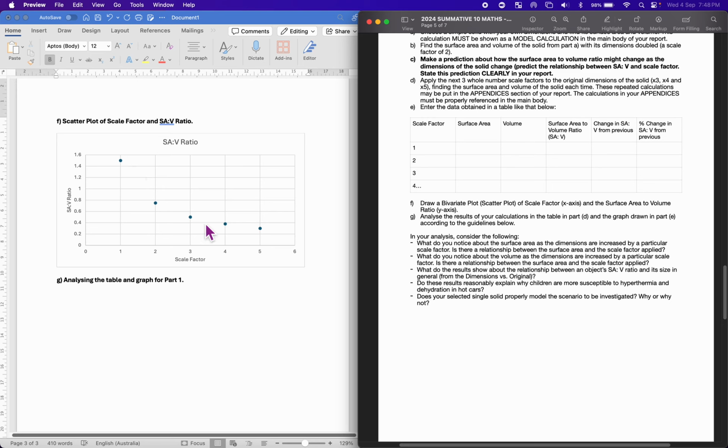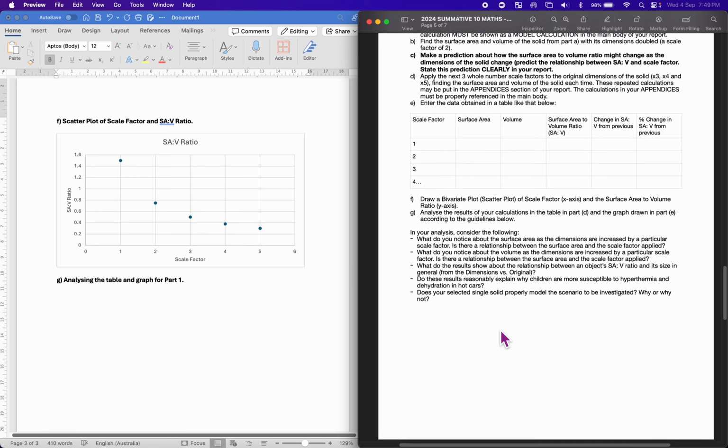Here you've got less surface area compared to your volume, less and less again, so it flattens out. So what that's saying is as you get larger in size, the amount of skin or surface area you've got compared to your volume is getting less and less. That's why it's flattening out. So that might explain why kids are really susceptible to hypothermia and dehydration, because they've got a lot of skin for the amount of volume or space in their body, okay?